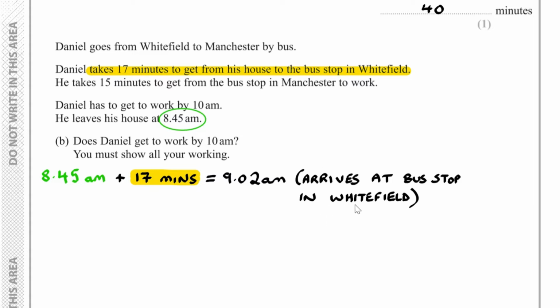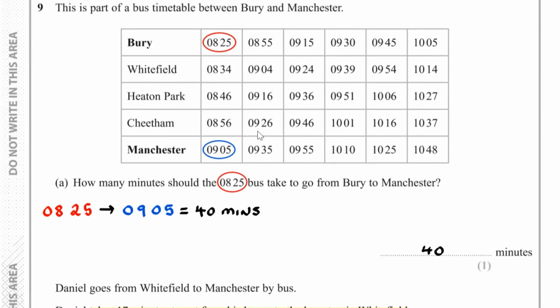So he arrives at the bus stop in Whitefield at 9:02 AM. So if we arrive at 9:02 AM, we should catch the 9:04 bus, and if we catch the 9:04 bus, we arrive in Manchester at 9:35 AM.